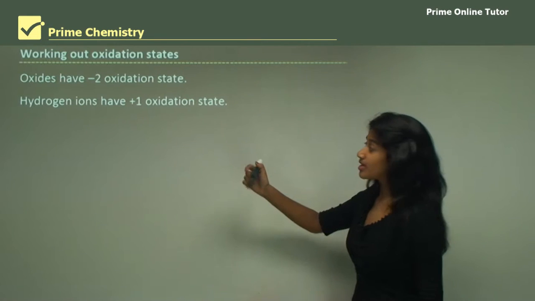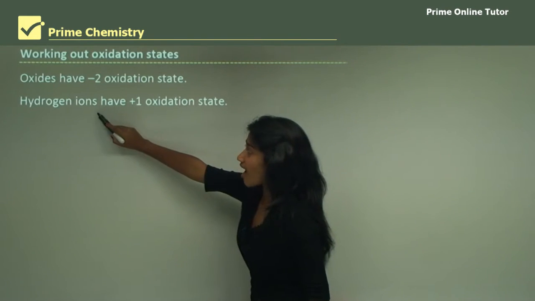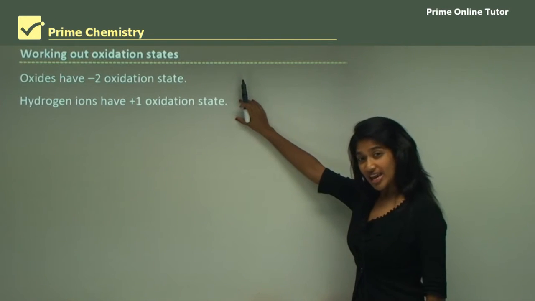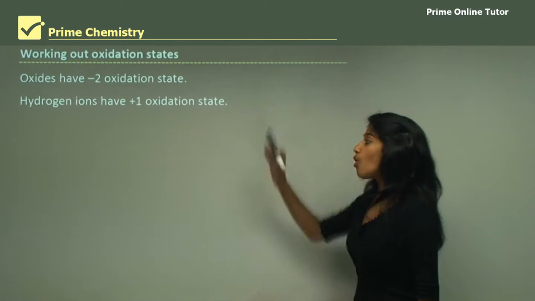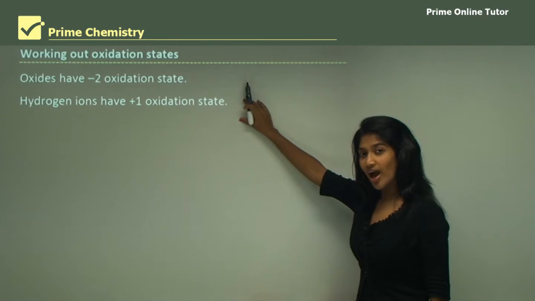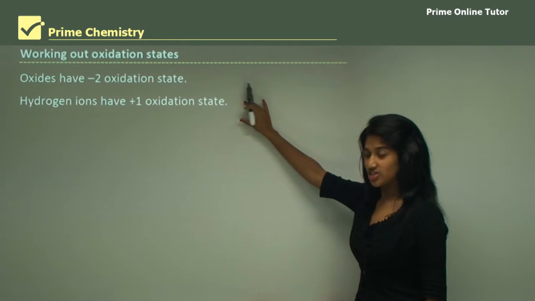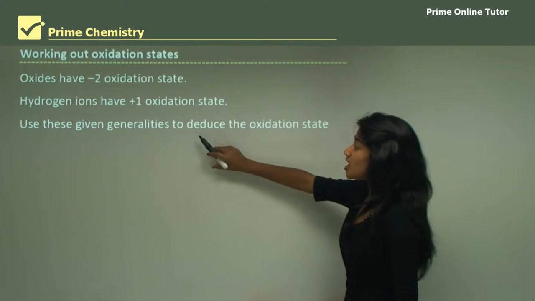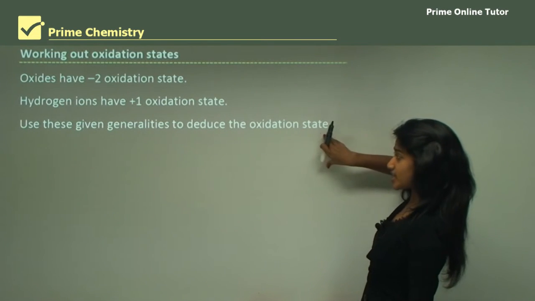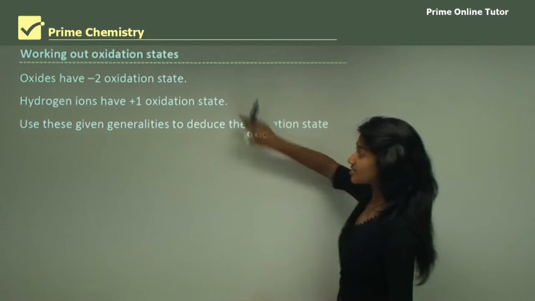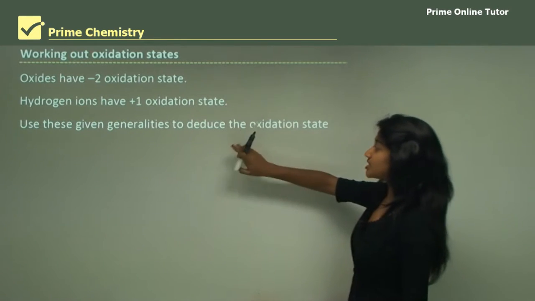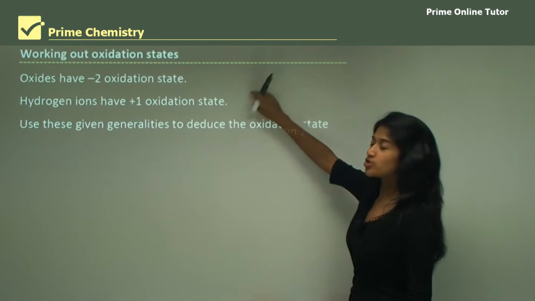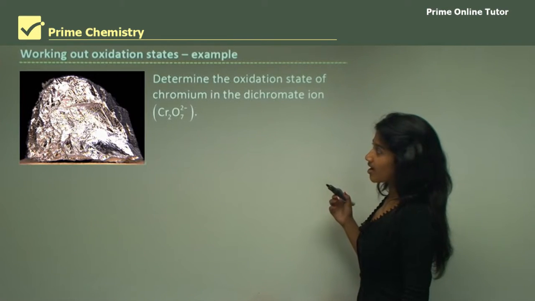The second rule is that hydrogen ions have a +1 oxidation state. So if there are any hydrogens in your molecule, always consider the hydrogens to have a +1 oxidation state. Use these generalities to deduce the oxidation state; they are rules that you can apply.